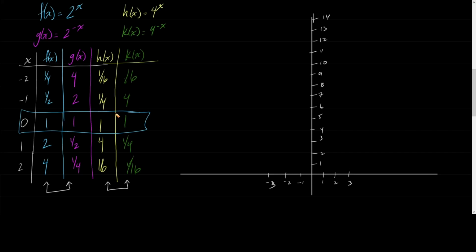All right, so they're all going to have the same y-intercept. All right, and when I plug in 1 in here, well, we had the point (1, 2), then we had the point (2, 4). If we had kept going, we would have had (3, 8), right? Because we would have had 2 to the third, which is 8.